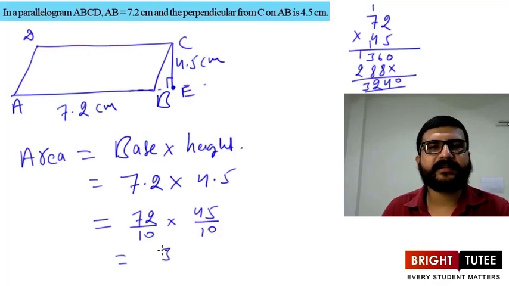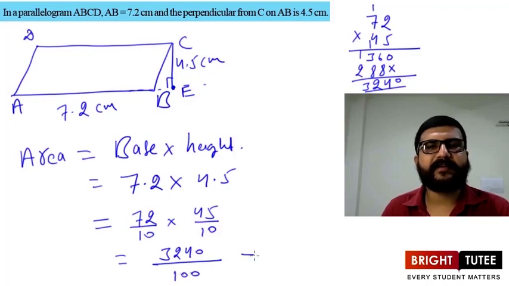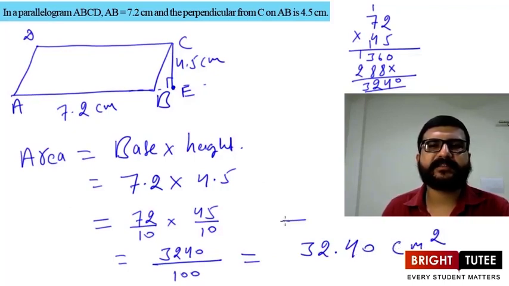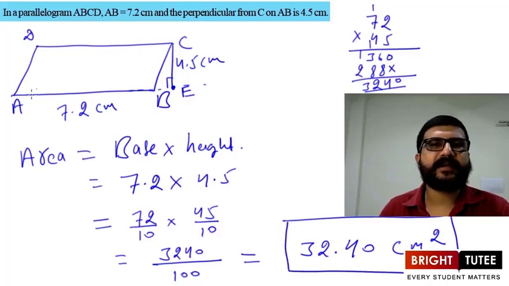So what we get from here is 3240 divided by 10 into 10, which is 100. Now in decimal form, this will be equal to 32.40 square centimeters. So this will be the final area of the parallelogram ABCD in this case.